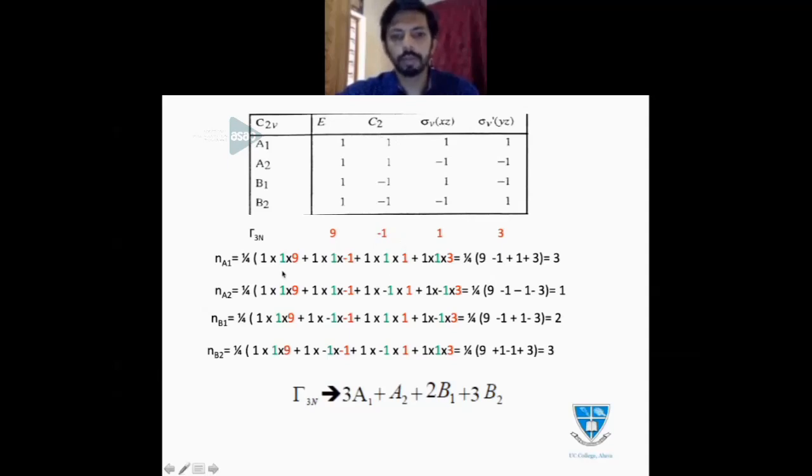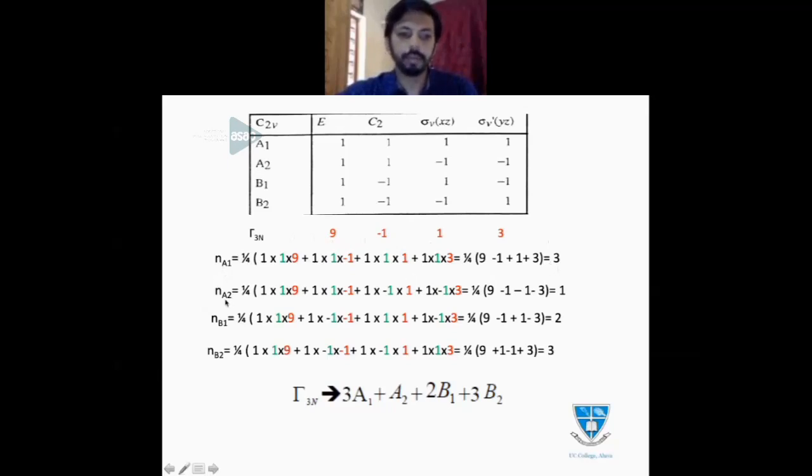So when we put all these, we can see that 1 by 4 is the 1 by h. h is the number of symmetry elements. h is the order, that is 4. So 1 by 4 into 9 minus 1 plus 1 plus 3, which is equal to 3. So the number of A1s present in this reducible representation is 3.